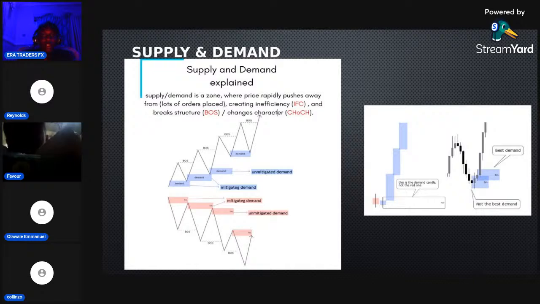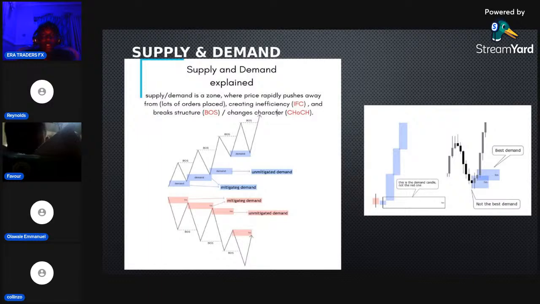So like I said, the demand of a particular product makes the price of that product go high. So you can see when the market is going up, it is moving from a demand zone. There's a demand zone moving that price up. When the price is going down, there's a supply zone moving the price down.